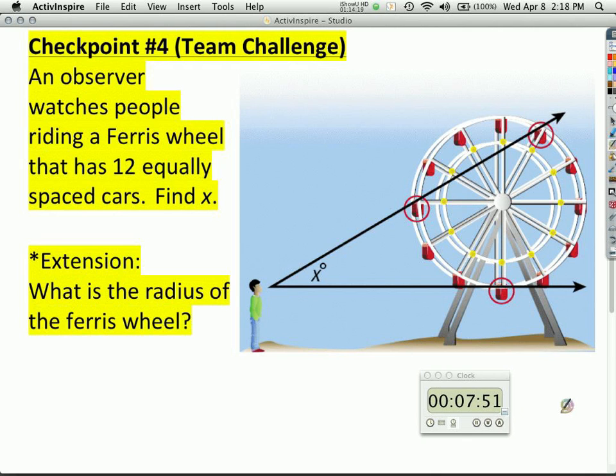The diagram's right in front of you. Hey, Mr. Brown, you know another one of these? Yeah.